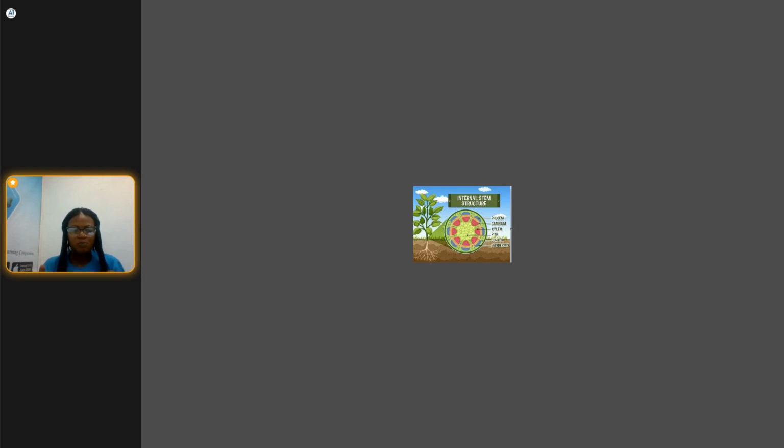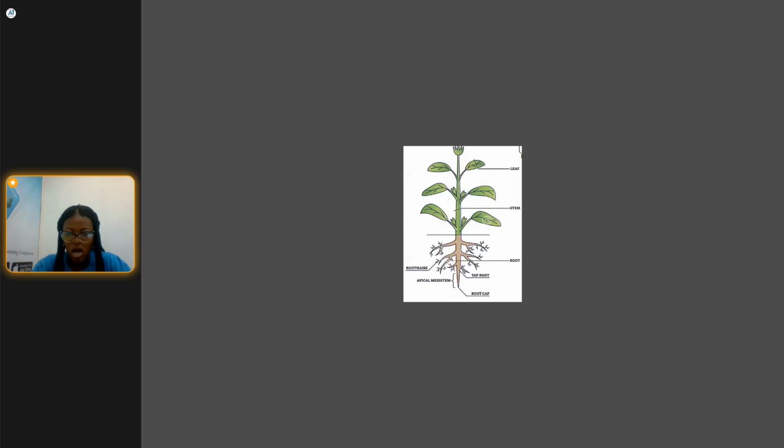The stem provides support and transports substances. Like I showed you earlier, the stem is at the middle of the flowering plant.